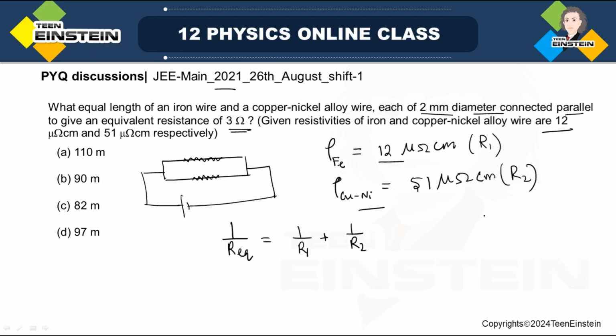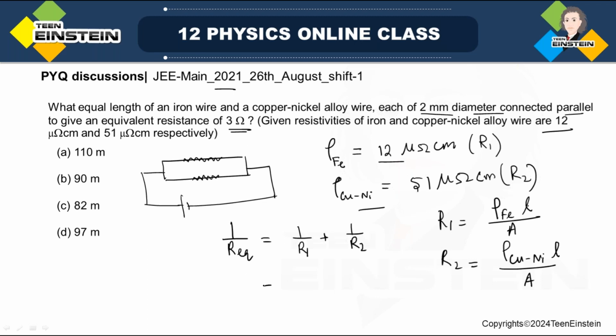So let us find out the length, and let us take that length is L, and you can see the diameter is also the same for both the wires. So we have got R1 is equal to rho Fe L by A. So these two are actually common or same for the wires. Rho copper nickel alloy L divided by A.